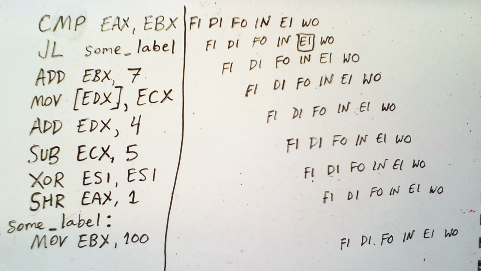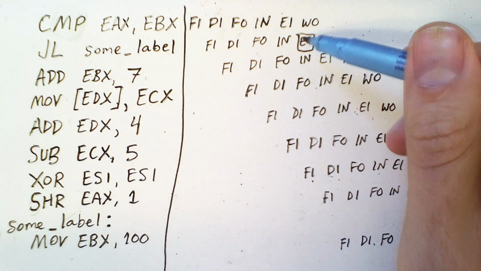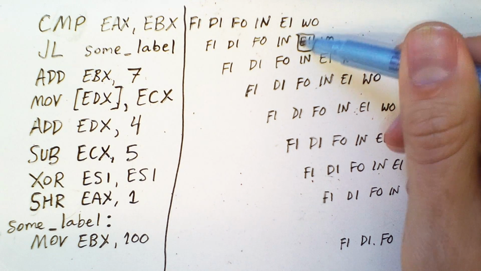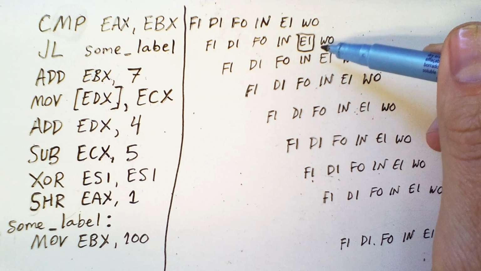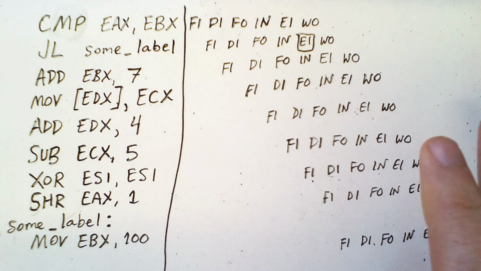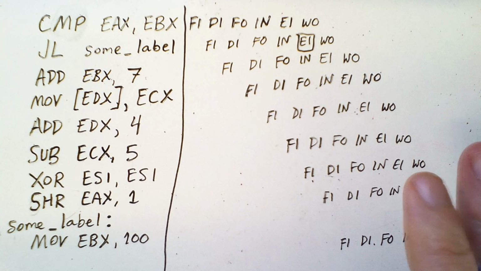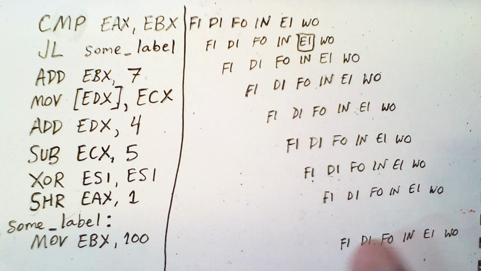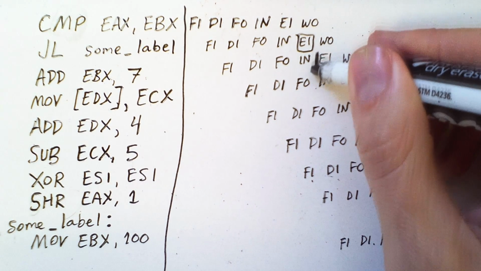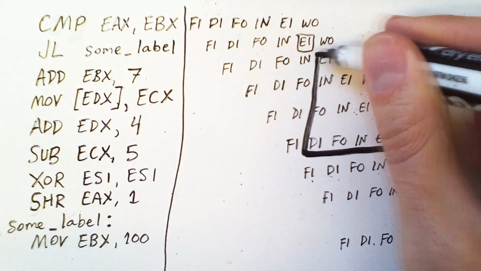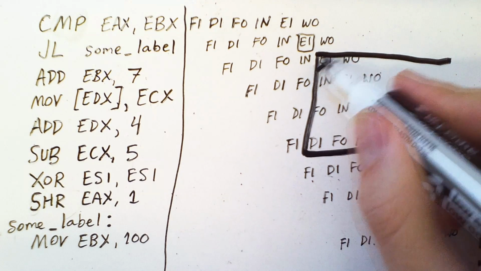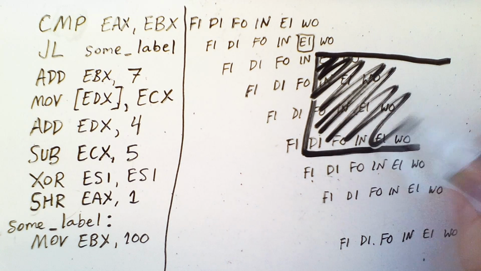And so as soon as we realize that, which once again occurs at the EI stage of the jump instruction, we have to flush the pipeline, get rid of all of the wasted work, and then go straight to this point where we'll continue from. So the pipeline flush looks like this. We know that none of this is going to happen, even though we were planning on doing it. So this gets flushed out.